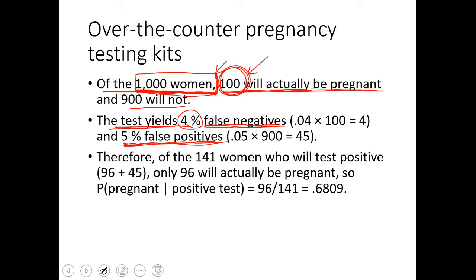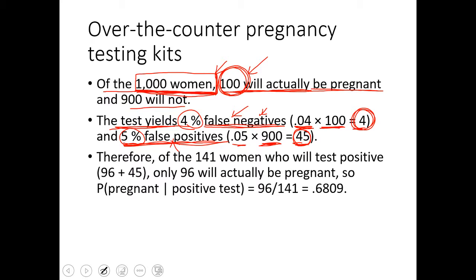So 4% of 100 pregnant women has false negative, and 5% of non-pregnant women may have false positive. So 4 of them have false negative, and 45 of them have false positive.